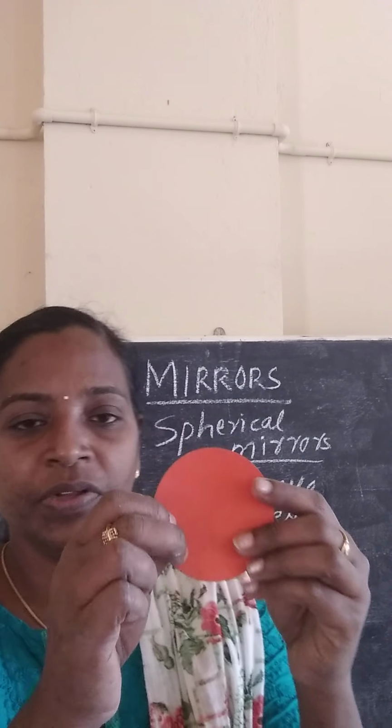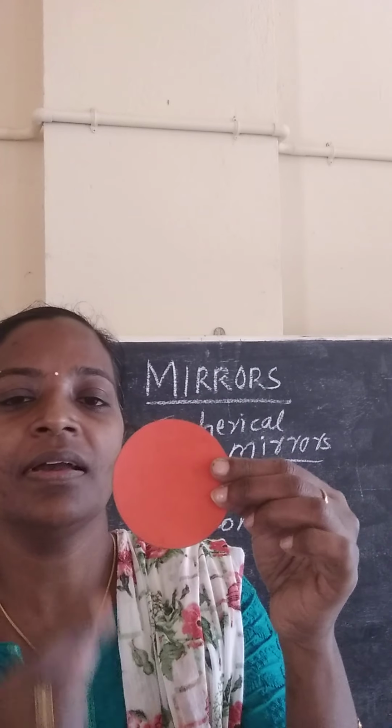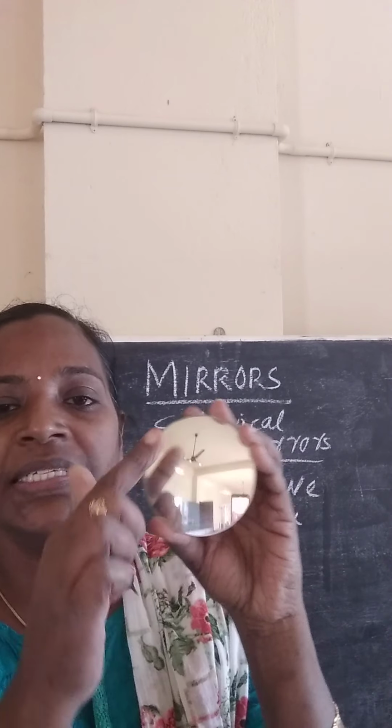The second type of mirror is called the convex mirror. A convex mirror has a bulging out reflecting side.